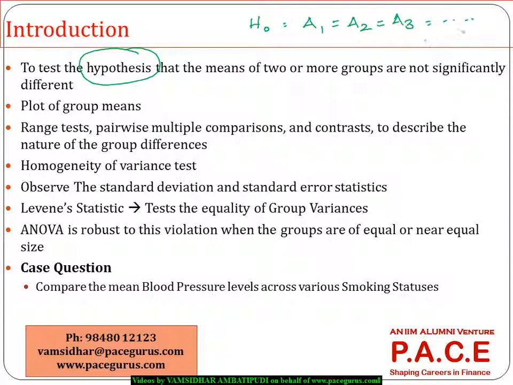Here I am looking at multiple groups, whereas my alternate hypothesis always goes as: there is a difference in at least one of the groups. That is what we are doing as a part of this ANOVA testing.